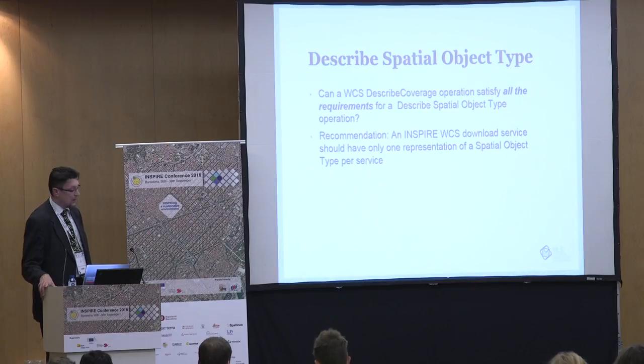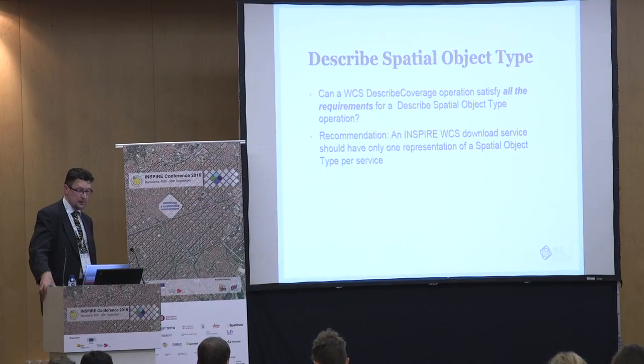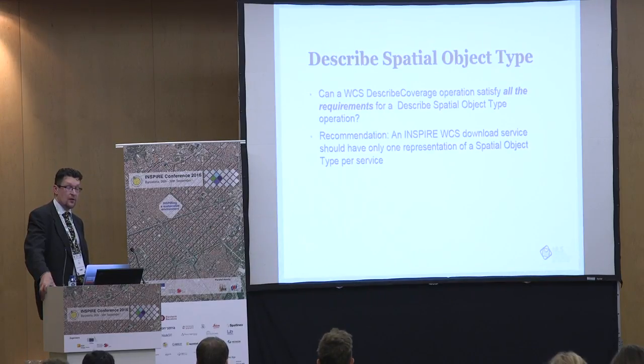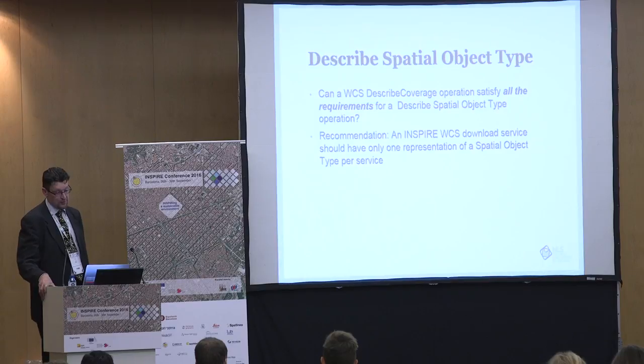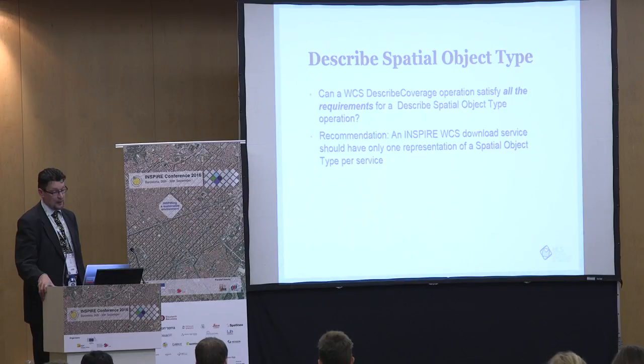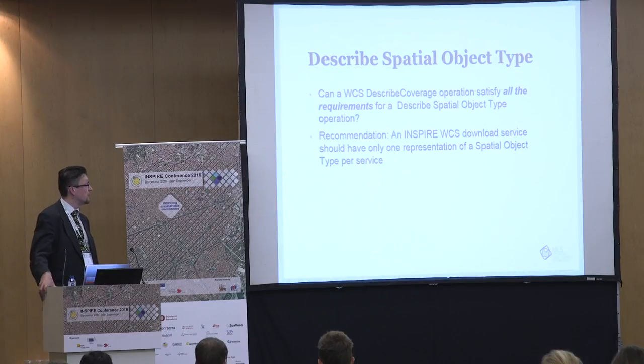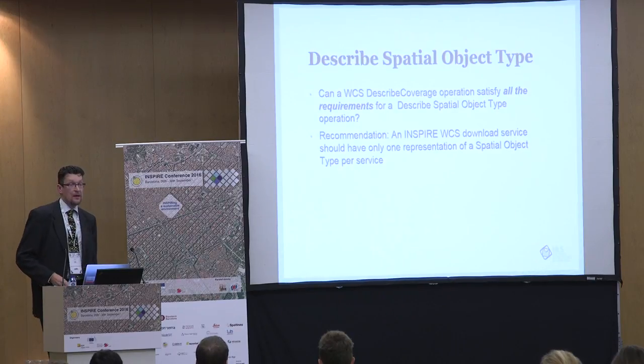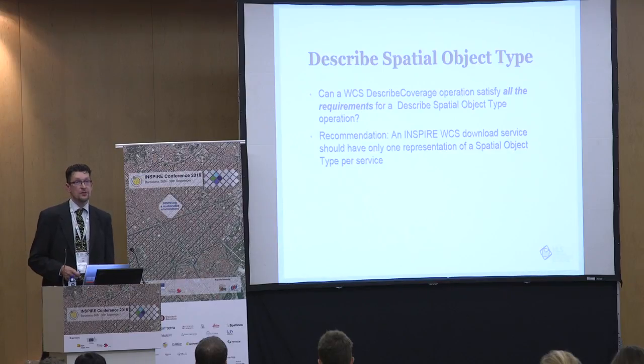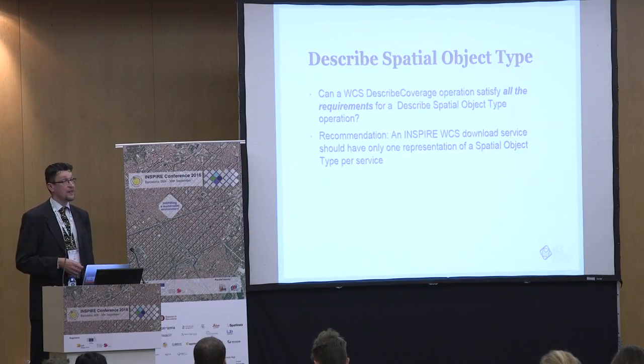Then we have faced some challenges in Describe Spatial Object Type, and really a question: can WCS DescribeCoverage satisfy all the requirements for a Describe Spatial Object Type operation? And our recommendation in the technical guidelines is that a WCS download service should have only one representation of a spatial object type per service. So these are the 4+2 different operations, which are described in more detail in the technical guidelines document.